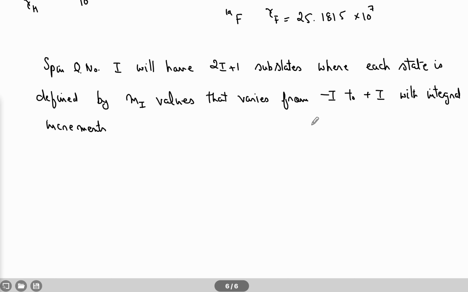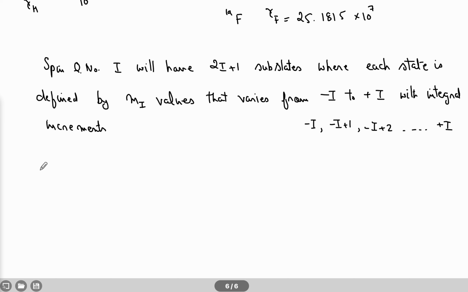That is, you start with -I, the next value of mI will be -I plus 1, then -I plus 2, and this keeps on going up to +I. So the number of values will be 2I plus 1.